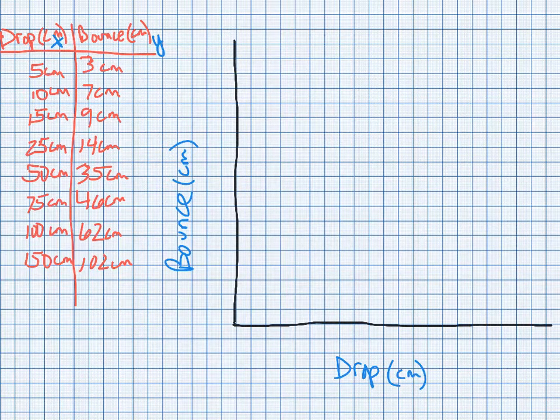So if we need to get to 102 on the bounce axis, and I've got about 20 boxes here, I wonder if I can move this a little bit.